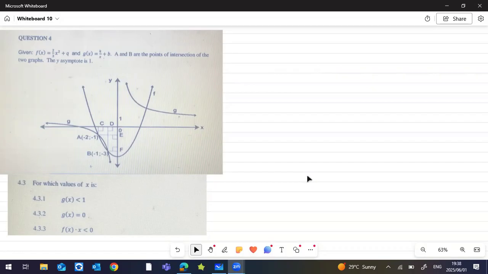Now let us look at this question and start to answer it. Looking at our diagram there, I'm going to look at the hyperbola for 4.3.1. Let me just get a pen.